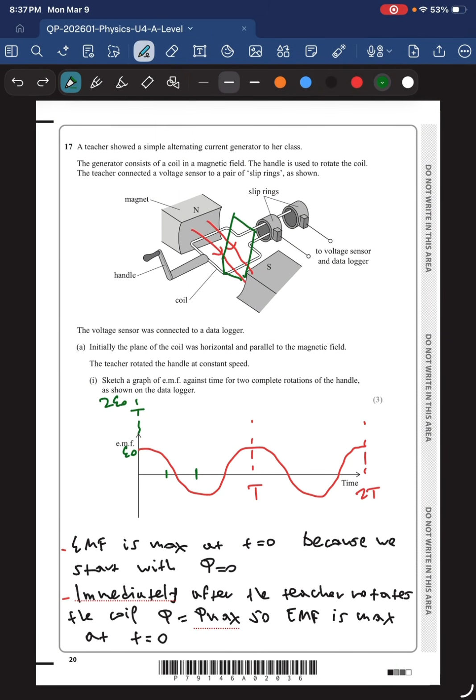So you will have to start there, and you will have to end there, and in between there must be a 0. So one full oscillation, something like this. Yes, okay, now I made it. And then it will continue like that.